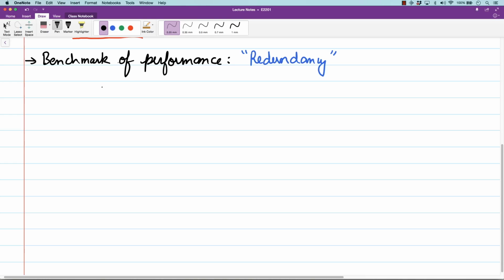So you are given a code C, a prefix free code. Let's restrict to prefix free codes.